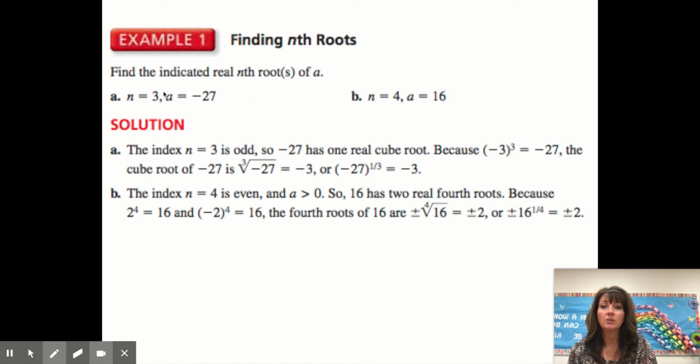So we're just going to find the indicated root, right? This is what we're evaluating, -27 to the 1/3 power. If n is 4, a is greater than 0. So 16 right here has two possible roots from the last slide. So we know that we're going to have positive or -2.